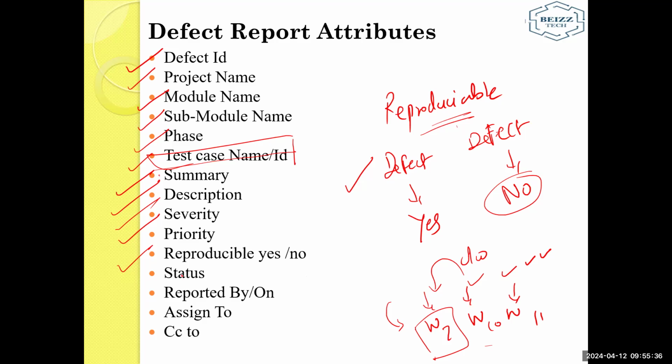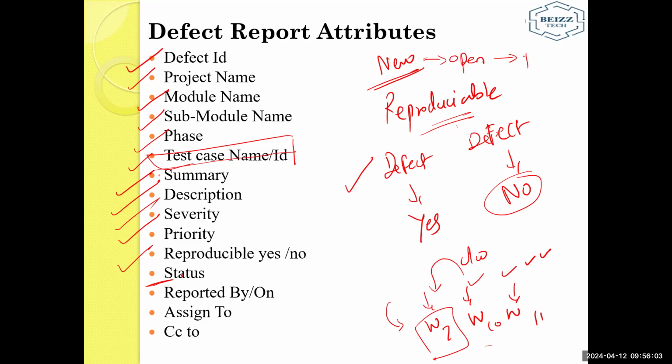Finally, it's very important to focus on status. Initially, whenever you find any new defect, you need to mention it as new only. As it is a new defect, you will be writing new. But later on, whenever you pass this defect report to your higher authority, they will open it, so the status gets changed to open.